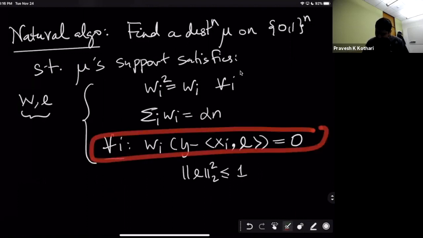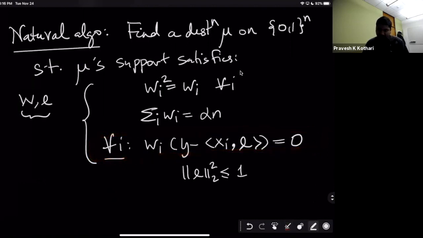So the non-trivial thing here is this. Let's understand what it means. In real life, Wi can take either 0 or 1 value.